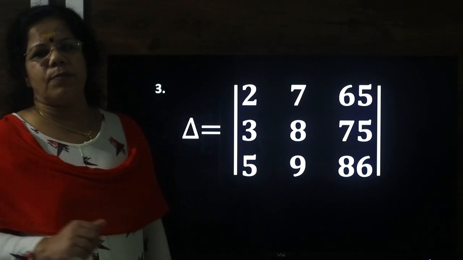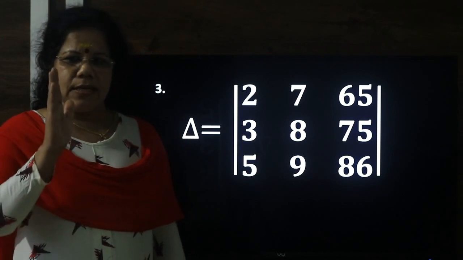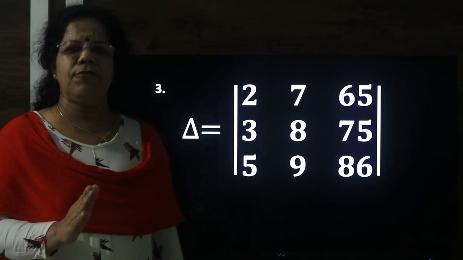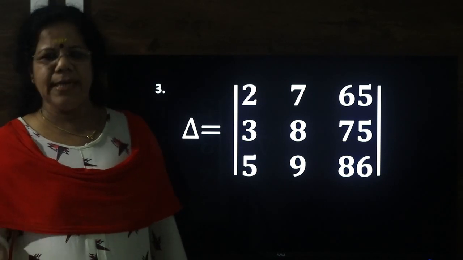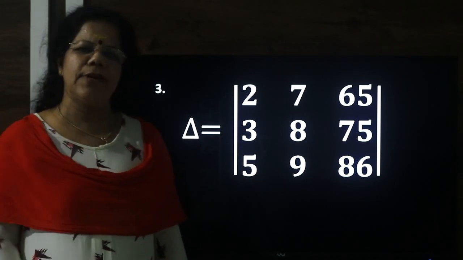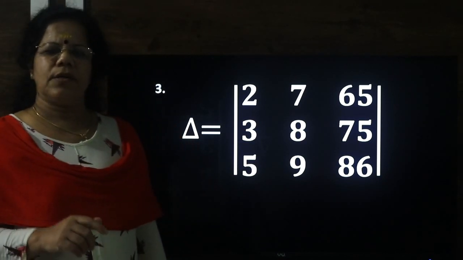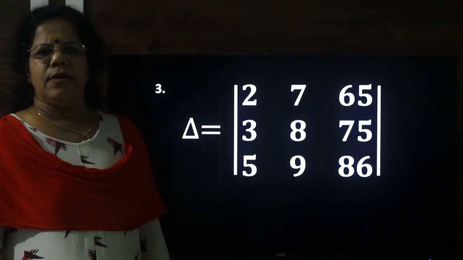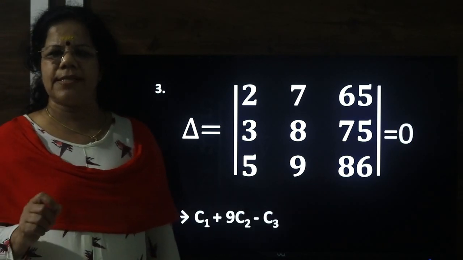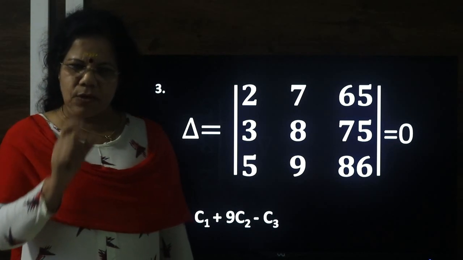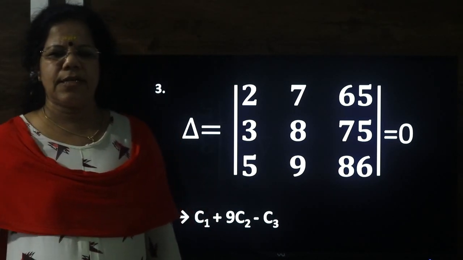So if you do the operation, C1 changes to C1 plus 9C2 minus C3, you will be getting C1 as 0, 0, 0, right? First column C1 will be 0, 0, 0, so that delta is equal to 0.